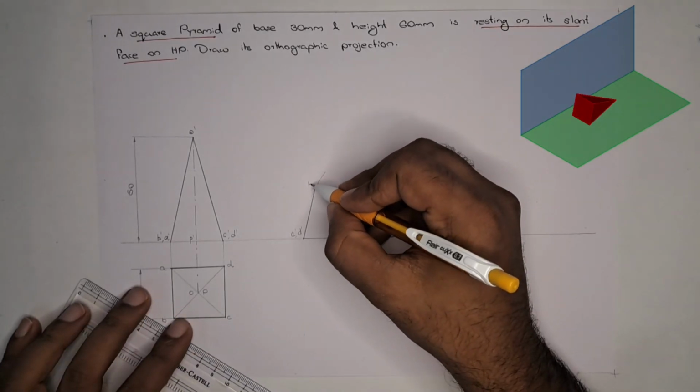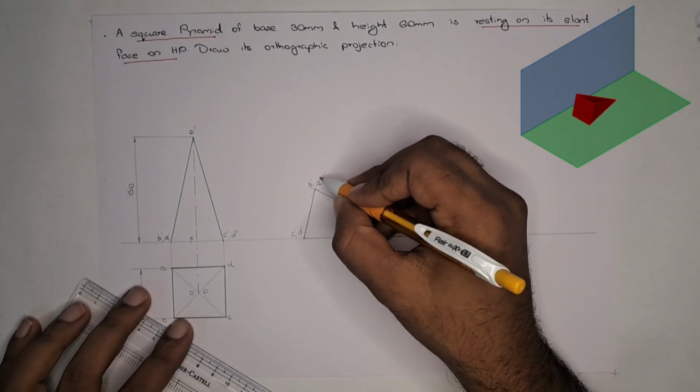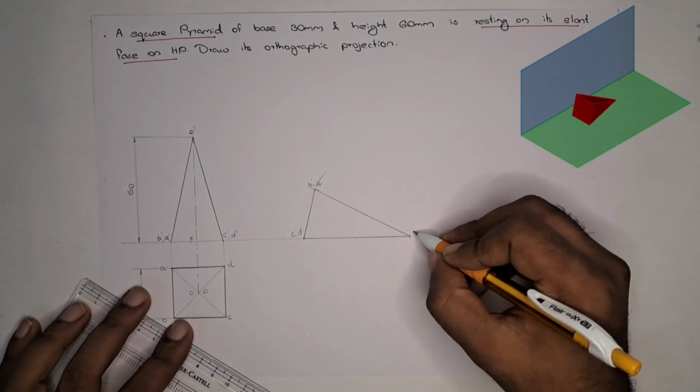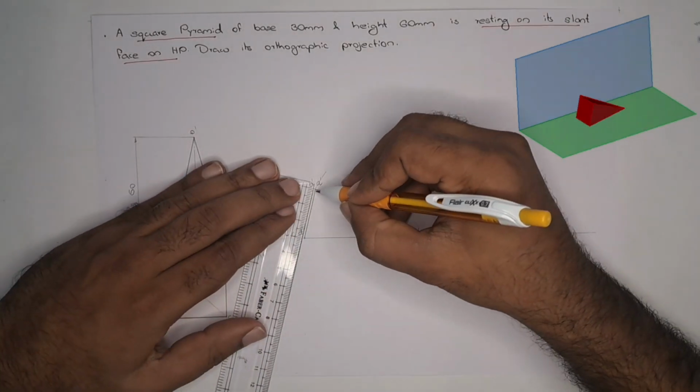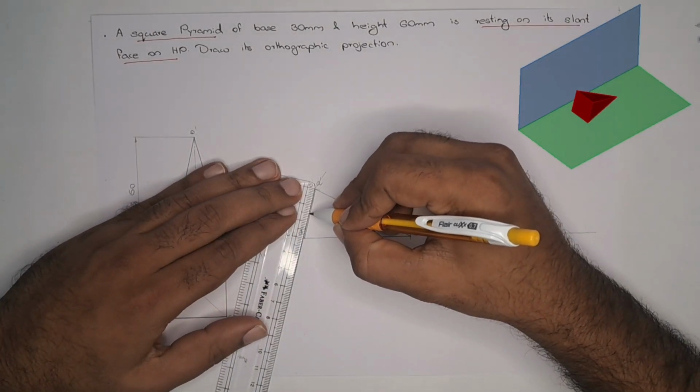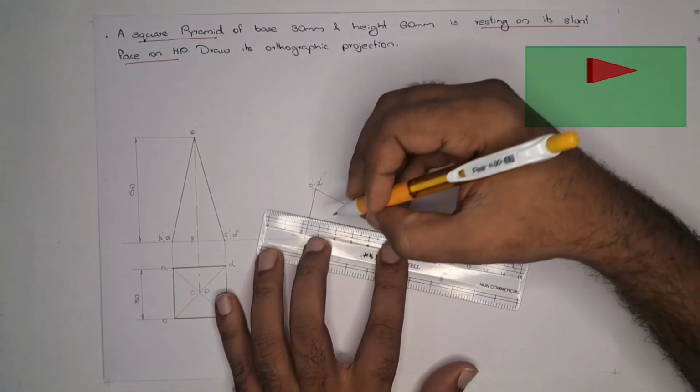So this is B dash, A dash. Here it's O dash. We can plot the distance over here.